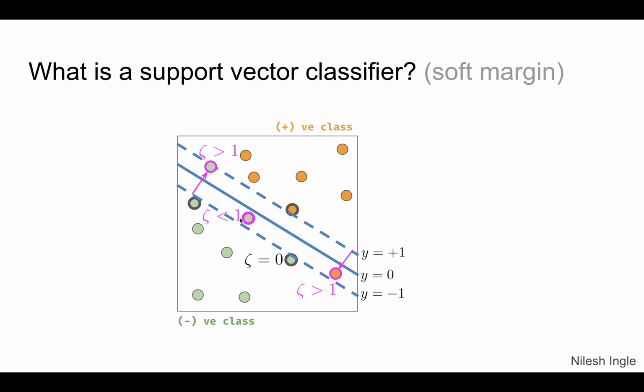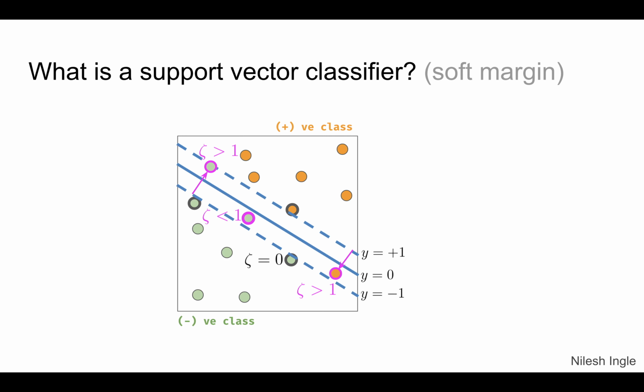And here the green dot with the magenta outline is on the correct side of the decision boundary. It is classified as a green dot. However, it is still within the margin of classification, inside the dotted line, and therefore there would still be a penalty on that, but it would be a smaller penalty because it's correctly classified.